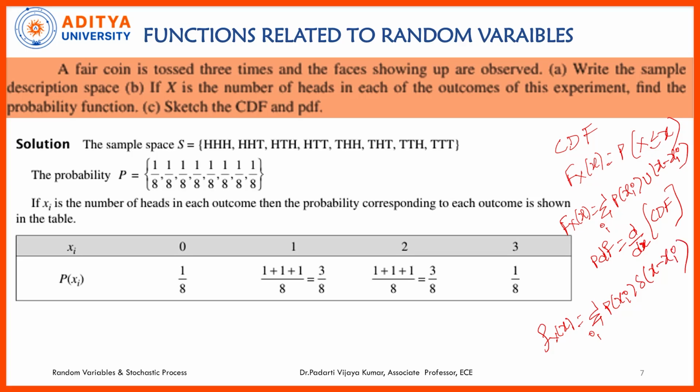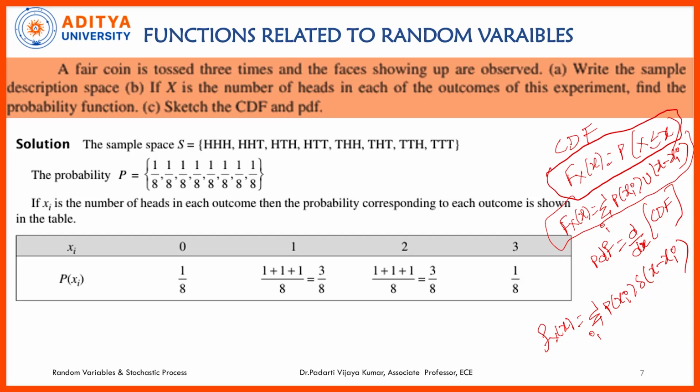We will see these plots at the end of this problem. Firstly, we need to compute the cumulative distribution function and its mathematical expression. Using this, we can compute the PDF, that is the probability density function, and we can plot it.